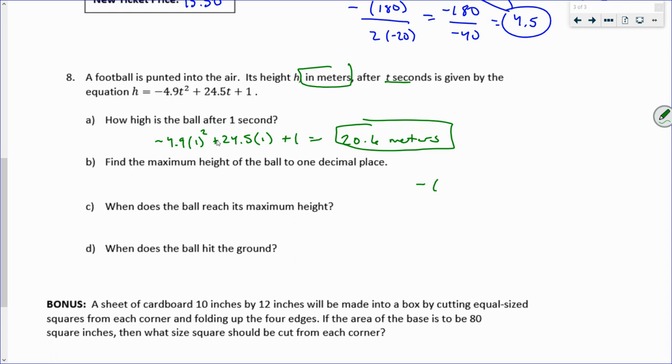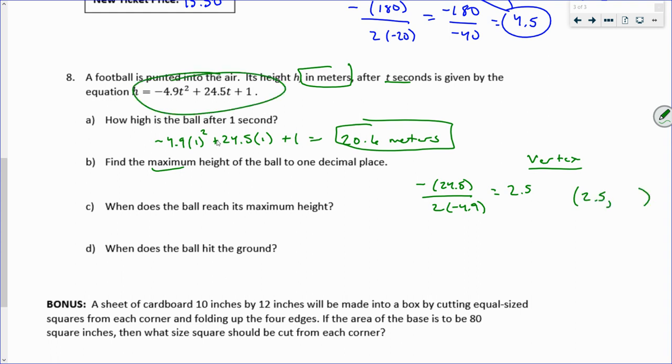Find the maximum height of the ball to 1 decimal place. So I'm going to go negative b over 2a and get negative 24.5 divided by... I'm going to get 2.5 seconds, so I'm basically finding the vertex. Anytime I see the word max, I'm thinking vertex. So I got 2.5 comma. I'll plug it back into this equation.